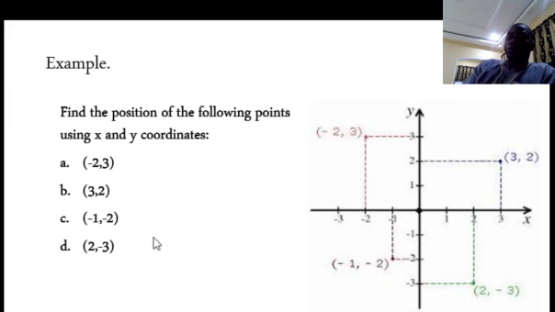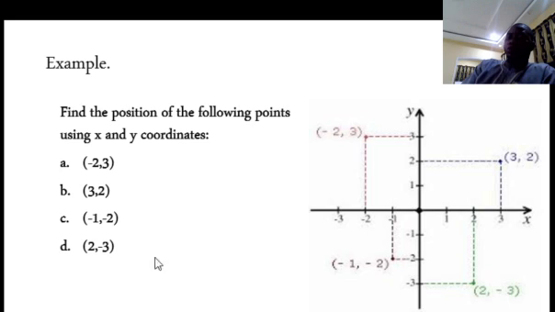Then the third one is -1, -2. Go to the origin, and -1. Don't forget you are starting with the x coordinate. You take 1 step to the left, 1, and you take 2 steps below the origin, 1, 2. This is -1, -2.